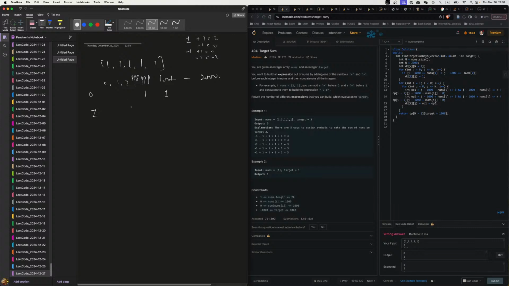So j is equal to 998. j minus 1000 is negative 2. Right, negative 2. Yeah, because 998 minus 1000 is negative 2.